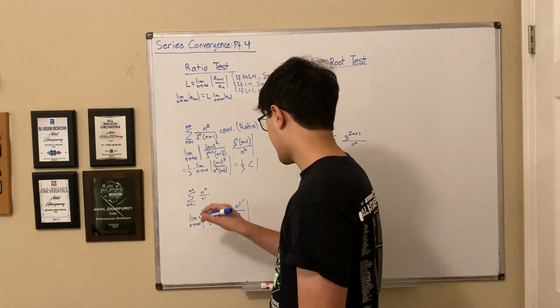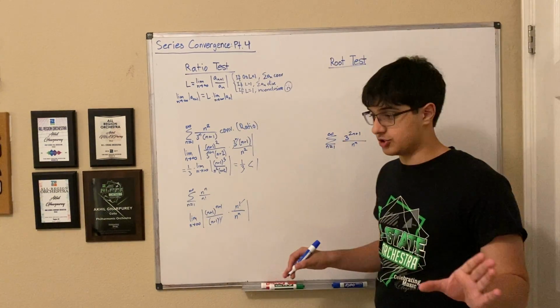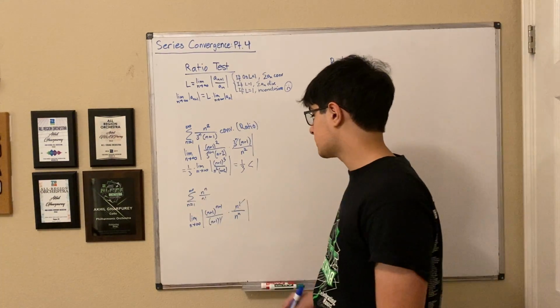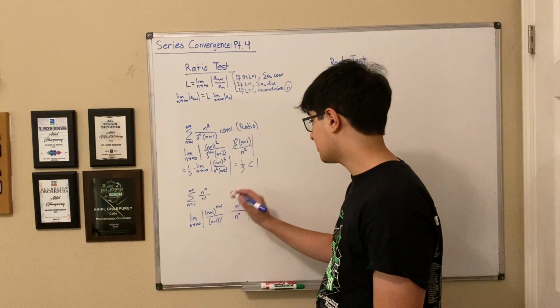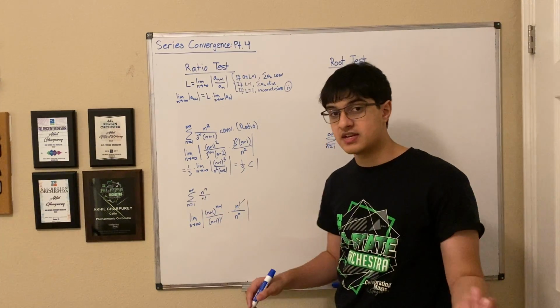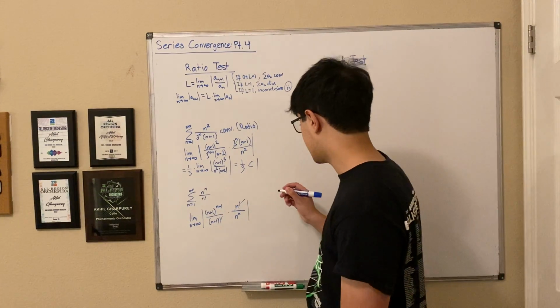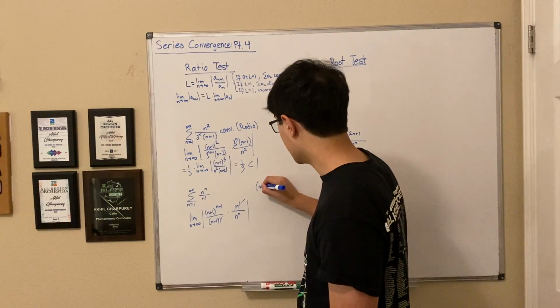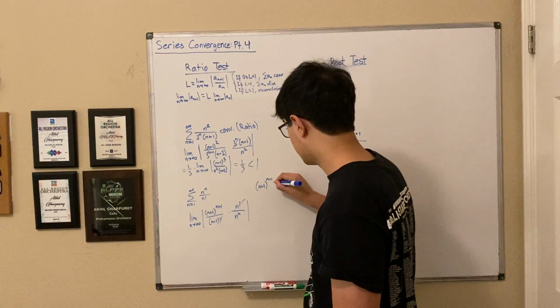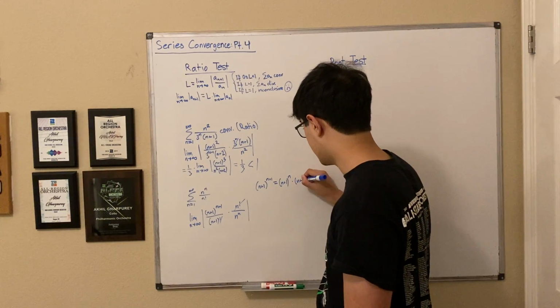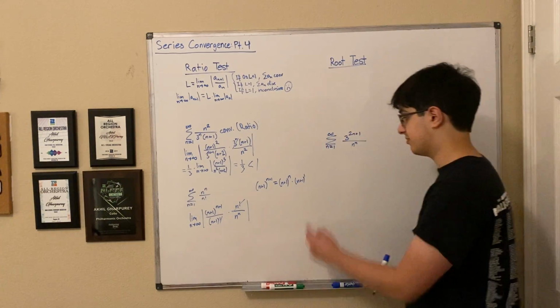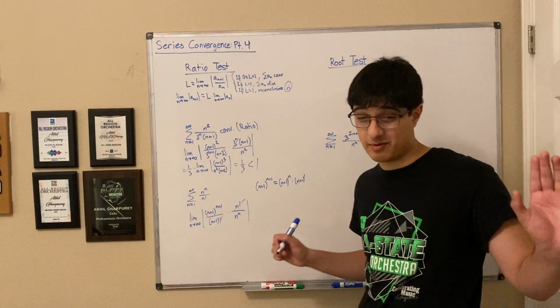As a result, we can do another cancellation here. Notice that we have (n plus 1) to the n plus 1 divided by an n plus 1. So (n plus 1) to the n plus 1 is the same as (n plus 1) to the n times (n plus 1). I'll write that out here, based on exponent properties, not probabilities.